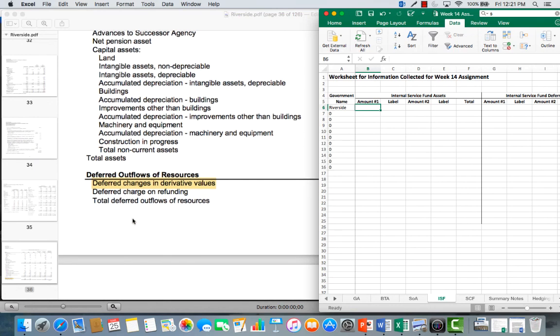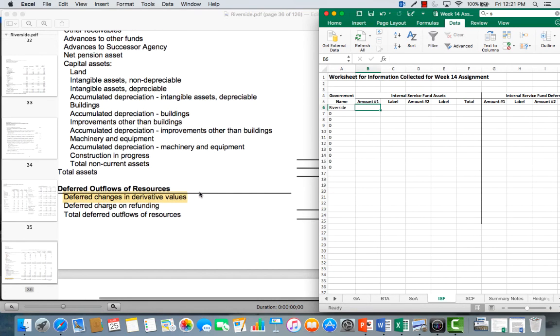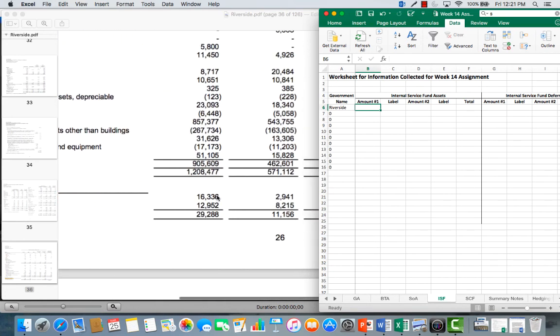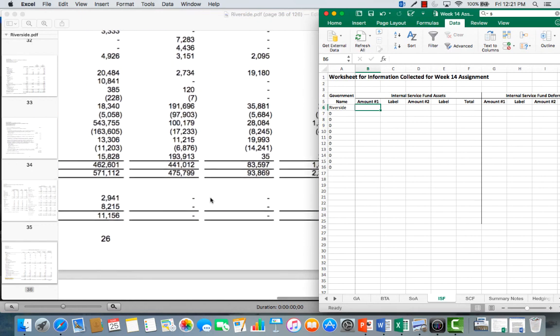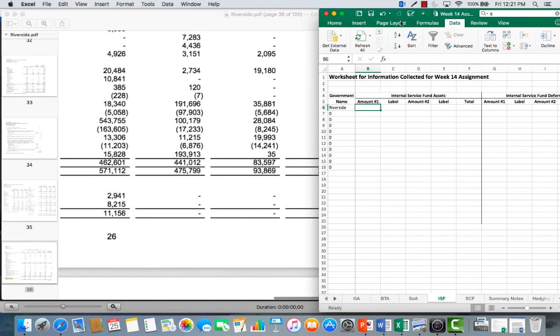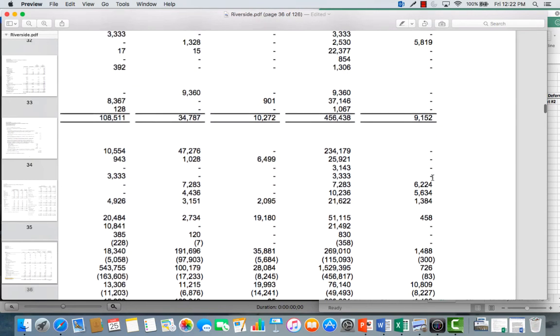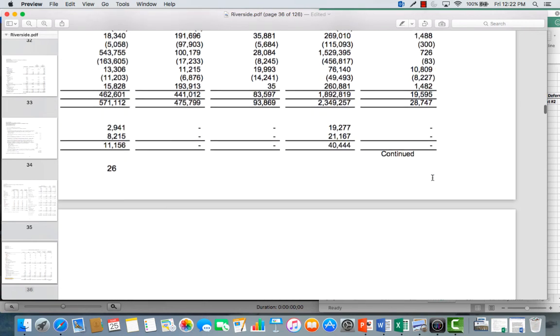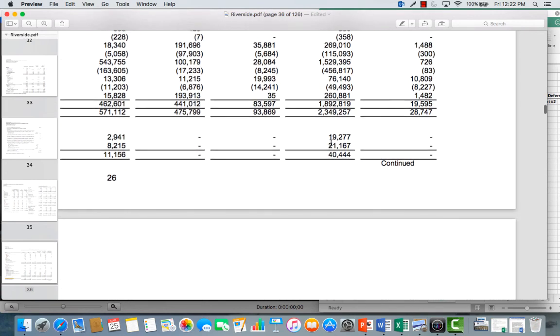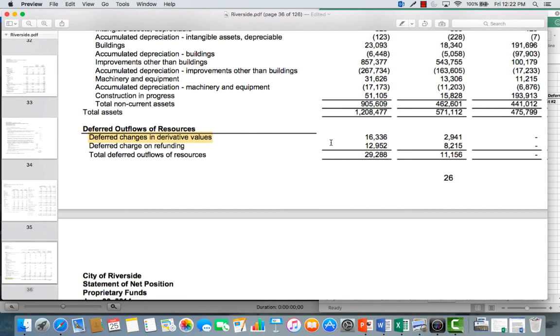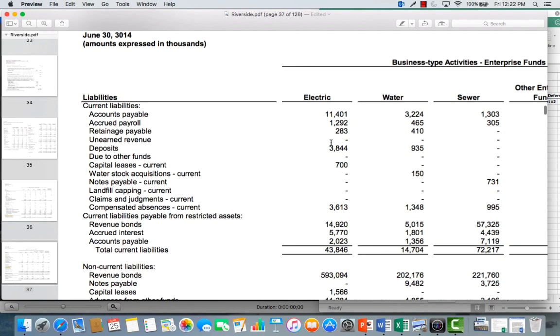Under deferred outflows of resources, there is an item here, deferred changes in derivative values, as we saw in the government-wide statements. And you can see there are some items in these enterprise funds, but there's nothing in the internal service funds here. There are no items. That's internal service funds, right? It sure is. So these hyphens there mean zero. So there isn't anything there for them.